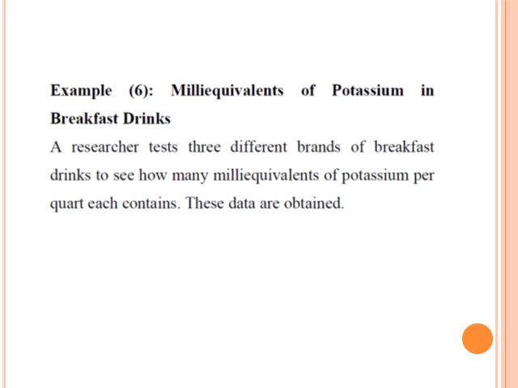Now, let's take an example. Milliequivalents of potassium in breakfast drinks. A researcher tests 3 different brands of breakfast drinks to see how many milliequivalents of potassium per quart each contains. These data are obtained.